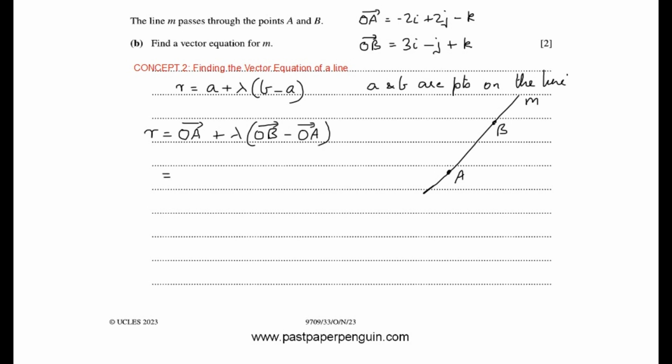I'm going to write them in matrix form. So OA is negative 2, 2 and negative 1, plus lambda times OB, which is 3, minus 1, 1, minus OA. So minus of minus 2, minus of 2 and minus of minus 1.